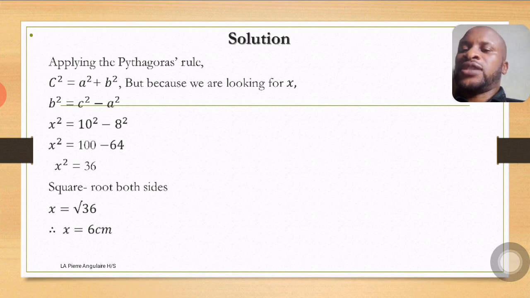So, in the next step, we have x squared equals 36. When you square root both sides, you are going to have x equals square root of 36. Therefore, x equals 6 centimeters. So the distance between the foot of the ladder and the wall is 6 centimeters.